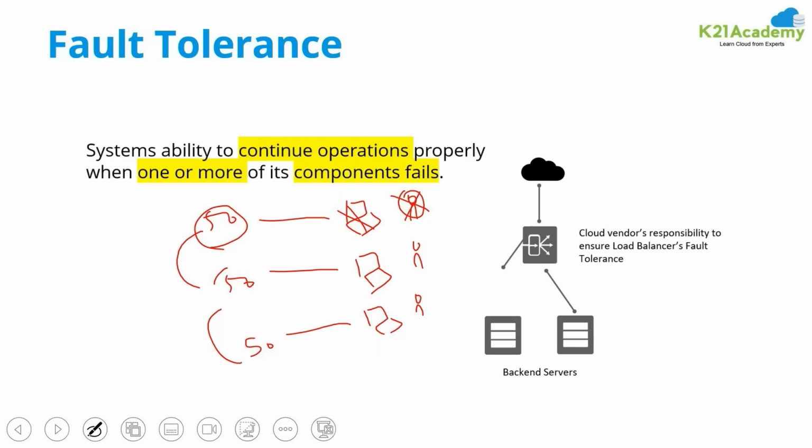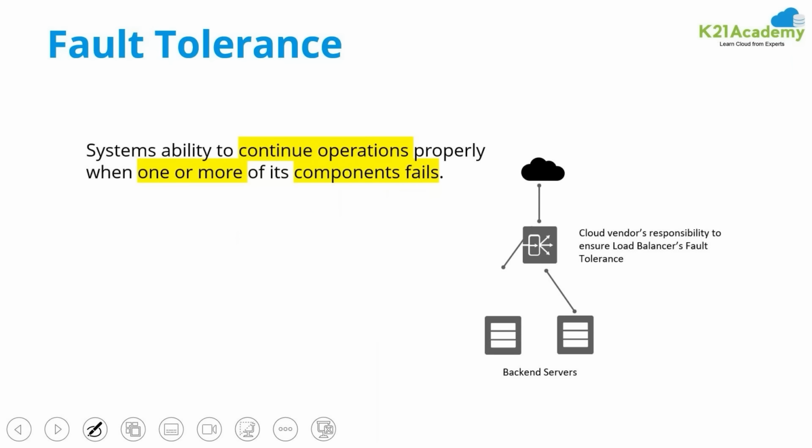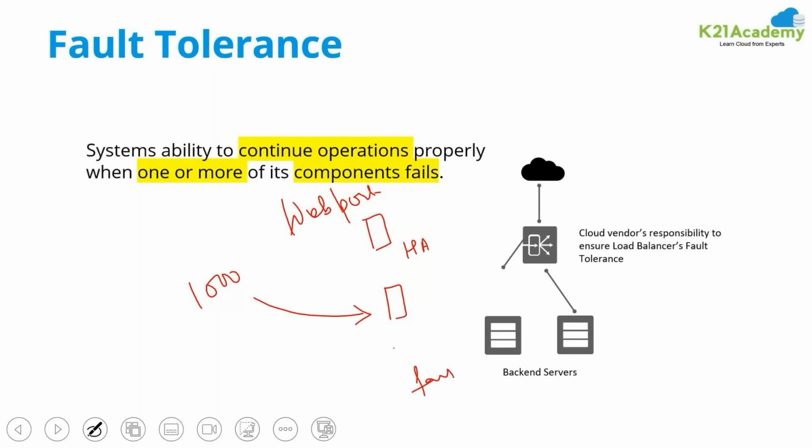When you are doing things online, you are actually not in the line. It will be thousands of people accessing the web portal of booking the ticket. So if one of the servers goes down, the users will be served from another server if it is highly available. And if it is fault tolerant, there will be already two or three servers and the users are getting distributed over here.